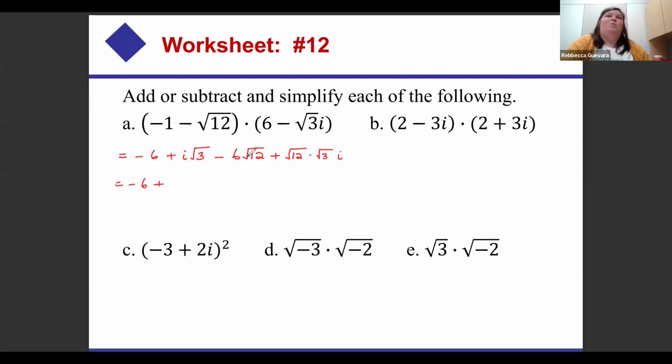So we can't really do anything about this 6 square root of 12, except one little thing. Remember, 12 is just 4 times 3. And the same thing over here. I'm going to put my complex parts together over here. The only thing I can do a little bit more here is break down that 12, which I said is 4 times 3.